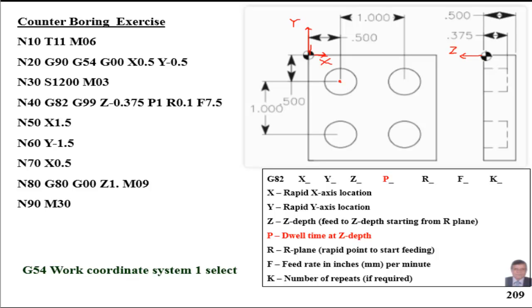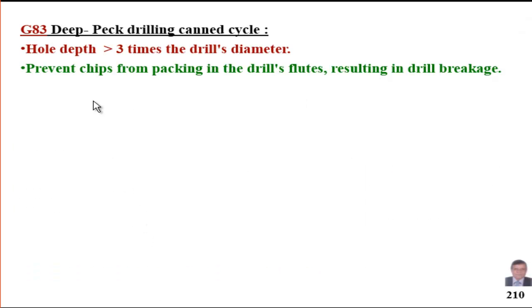The next cycle will be another cycle, G83. What is G83? G83 is a deep or peck drilling canned cycle. What is the meaning of deep or peck drilling canned cycle? Whenever we have a hole depth equal to or greater than 3 times the drill diameter, we consider it a deep hole.